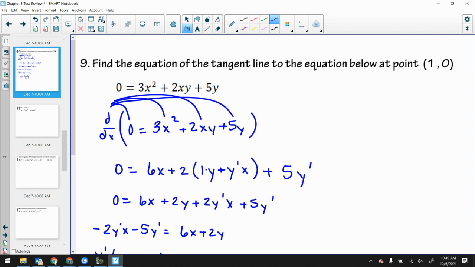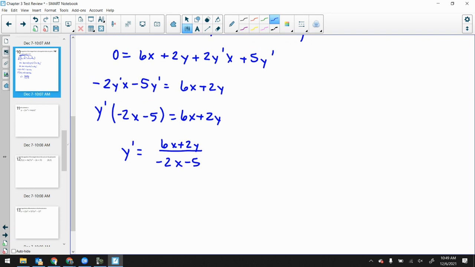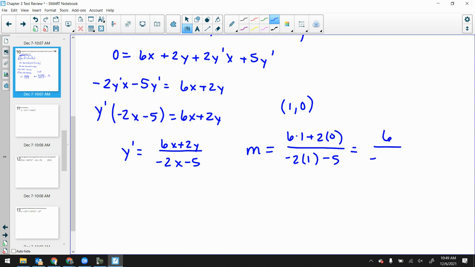All of that work is just to tell me what the slope is going to be at 1, 0. So m is going to be, at 1, 0, x value 1, y value 0, 6 times 1 plus 2 times 0 over negative 2 times 1 minus 5. That gives me 6 over negative 7, negative 6/7.